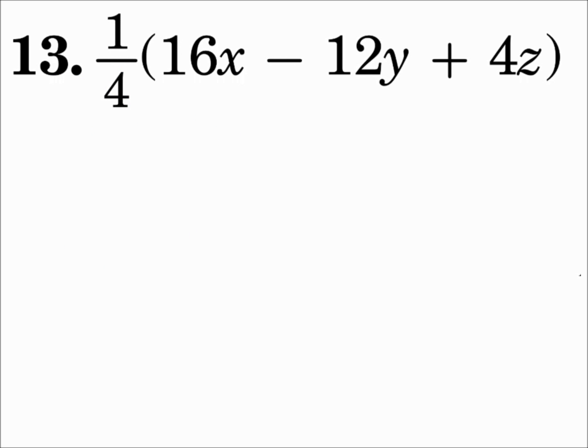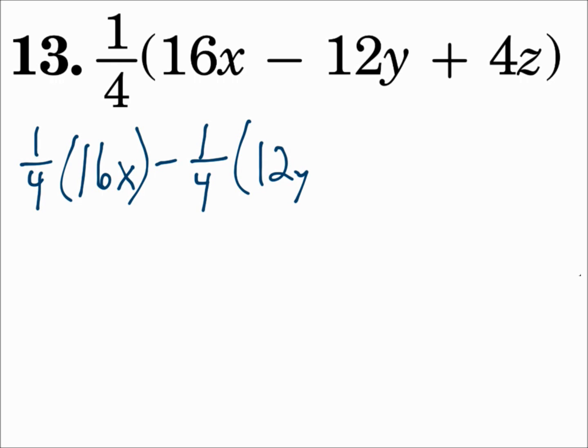If you have 3 terms in the parentheses, the job is still the same. 1/4 times the 16x minus 1/4 times the 12y plus 1/4 times the 4z. Notice the minus in front of the 1/4 12y.